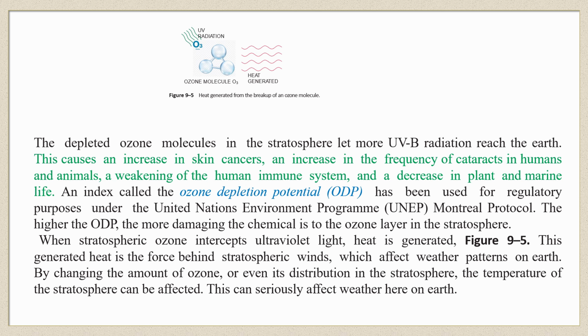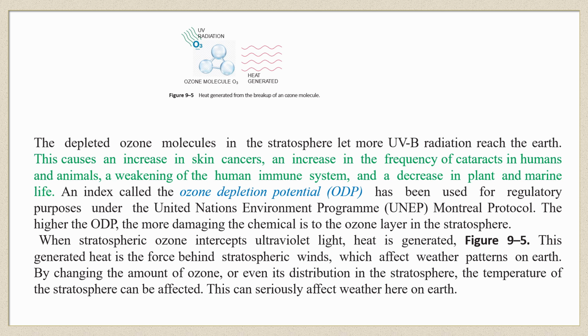An index called the Ozone Depletion Potential, ODP, has been used for regulatory purposes under the United Nations Environment Programme, UNEP, Montreal Protocol. The higher the ODP, the more damaging the chemical is to the ozone layer in the stratosphere.